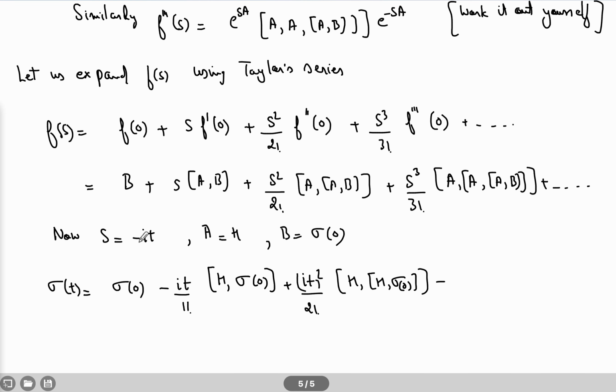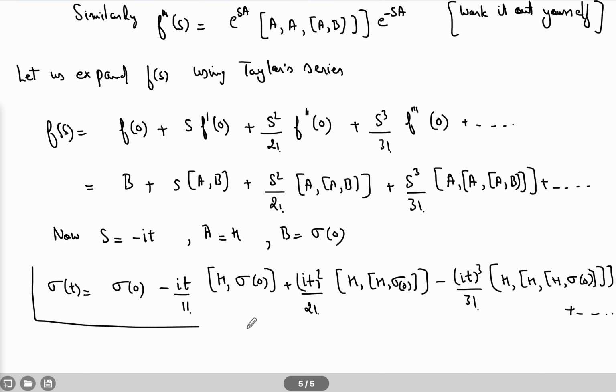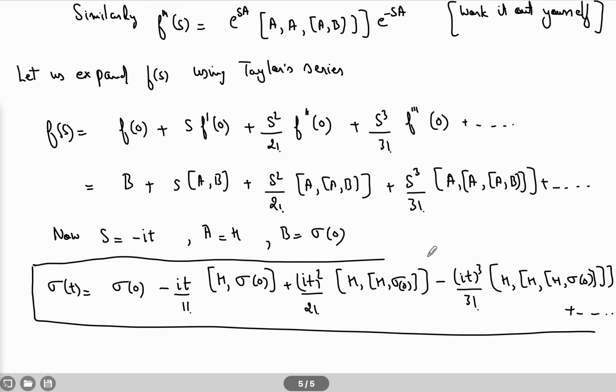Similarly, now I'll have a minus sign to the power 3, so I'll have a negative out, it cube by 3 factorial, and I will have the triple commutator h, h, sigma 0, plus so on, right?